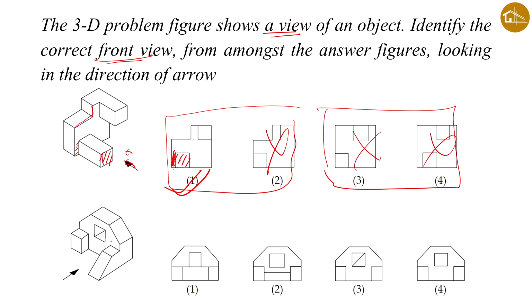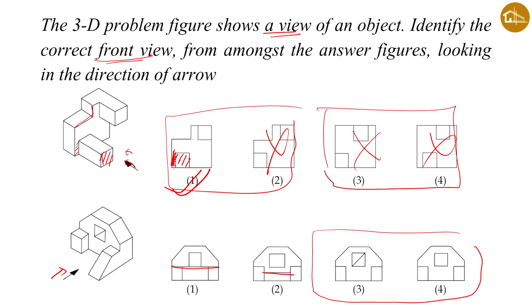Similarly, in this question also, first we will see the options only. As you can see over here, these 2 are of one type because this portion is approximately the same, and these 2 are totally different. First of all, we have to clarify about this line. There is a line, this one, and this line. So we will see the 3D figure.